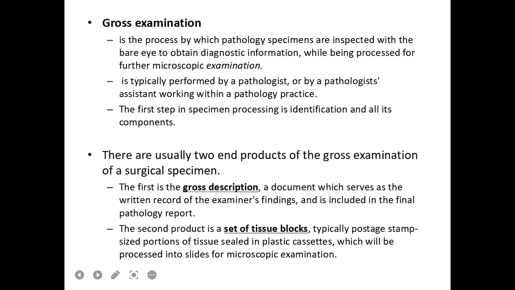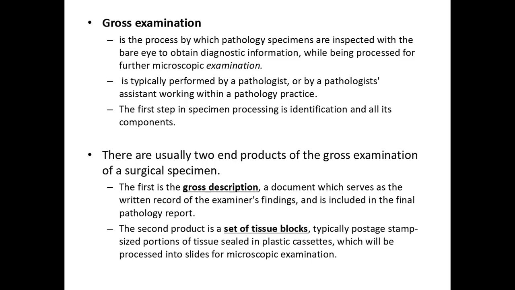When we say gross examination, it is the process by which pathology specimens are inspected with the bare eye to obtain diagnostic information while being processed for further microscopic examination. So most of the time, after the gross examination, it will be followed by a microscopic examination. The findings in gross examination will be supported or even validated in microscopic examination.